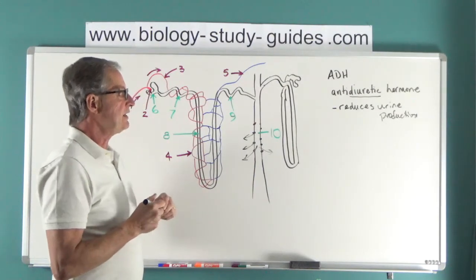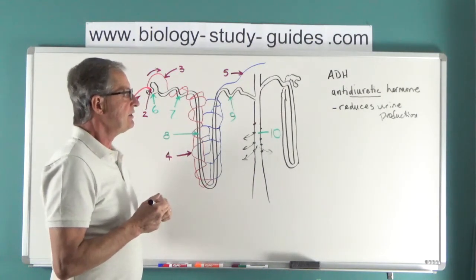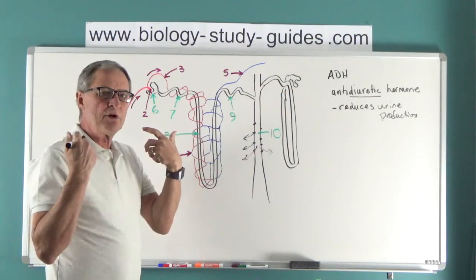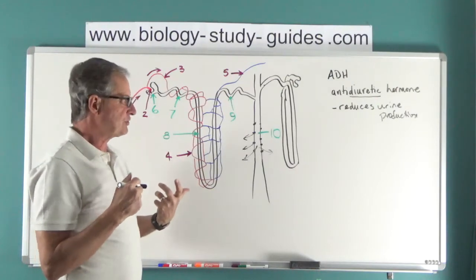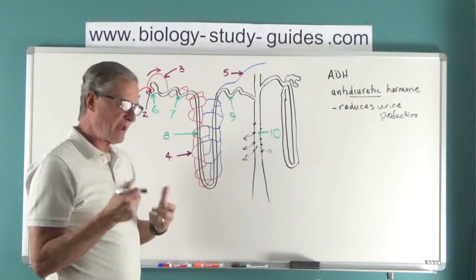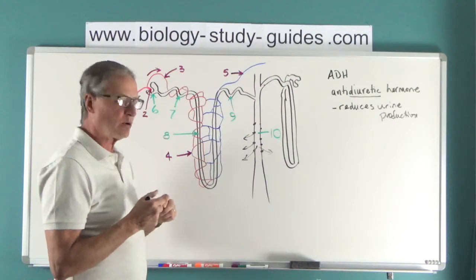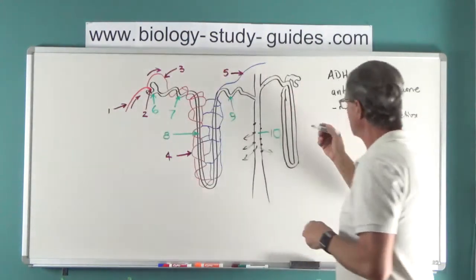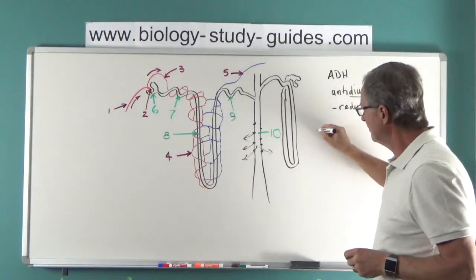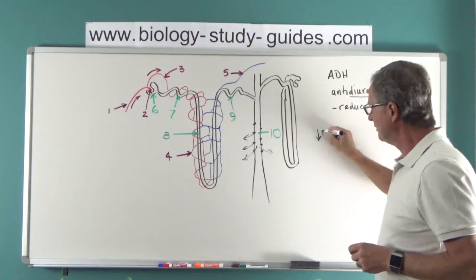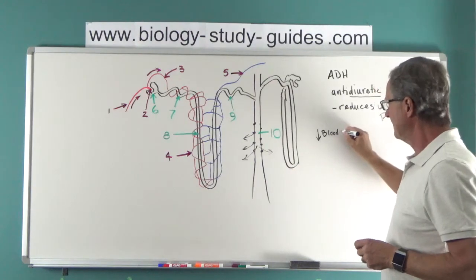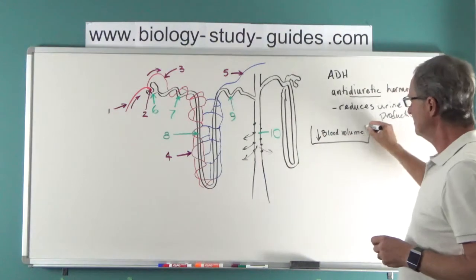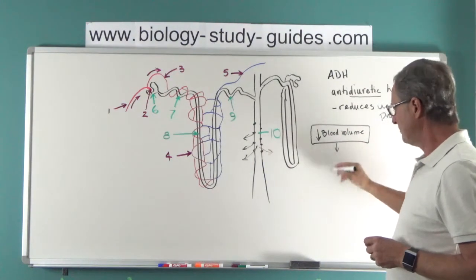It's always very interesting to recognize that ADH, for example, as a hormone, brings you back to a condition of homeostasis. And I'd like to represent that pattern for you in the way of a feedback loop. If we recognize what's going on with ADH, what happens is low blood volume is the condition which is detected by the hypothalamus.